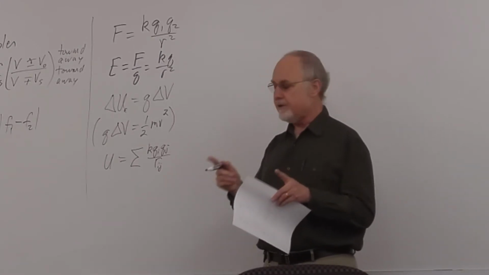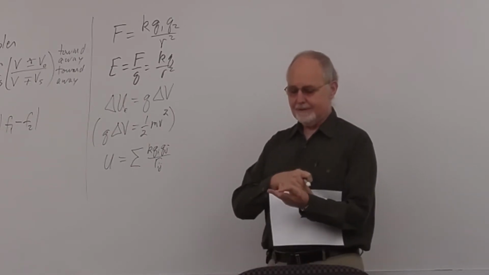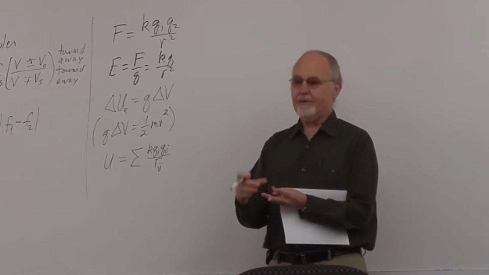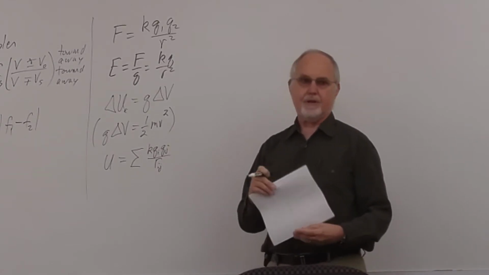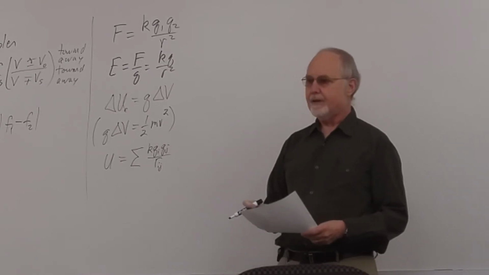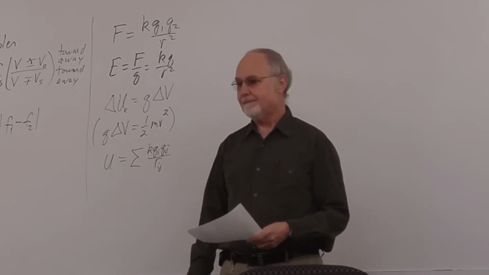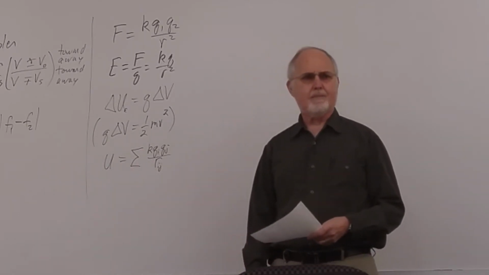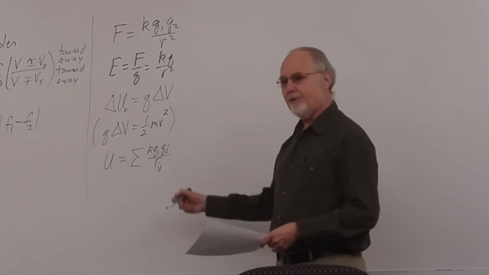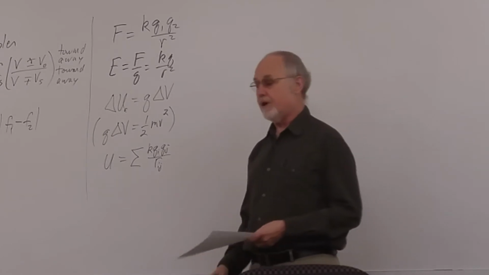If you've only got two charges, there's one term. If you've got three charges, you get 1, 2, 3 terms. If you had 4 charges, there'd be 6 terms: 1 and 2, 2 and 3, 3 and 4, 4 and 1, and then 1 and 3 and 2 and 4. It's just how many groups of two do you have? That's the potential energy of that group of charges.